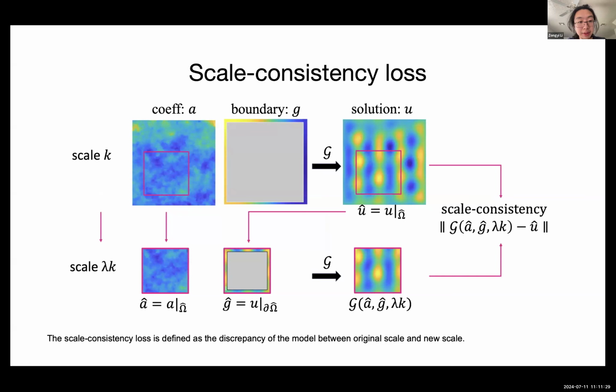As another example, for the Helmholtz equations, given coefficient and boundaries, we can again restrict to subdomains, and the consistency loss will be defined as the model evaluated on the large scale and the model evaluated on the small-scale subdomain. Because we know this is just a restriction to subdomains, these two patches should match in the end.